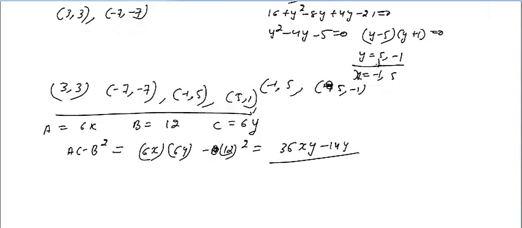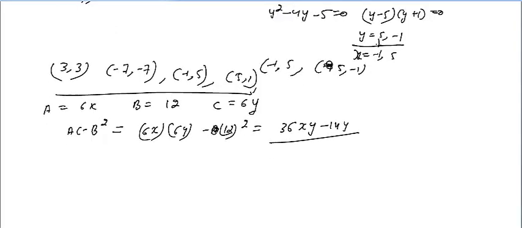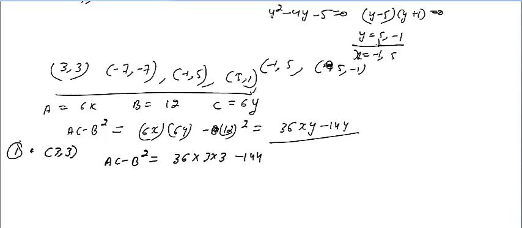First, you will take the point 3 and 3. So the value of AC minus b square is equal to 36, x is 3 and y is 3, minus 144. Students, when you solve it, you are getting 180. It is greater than 0.